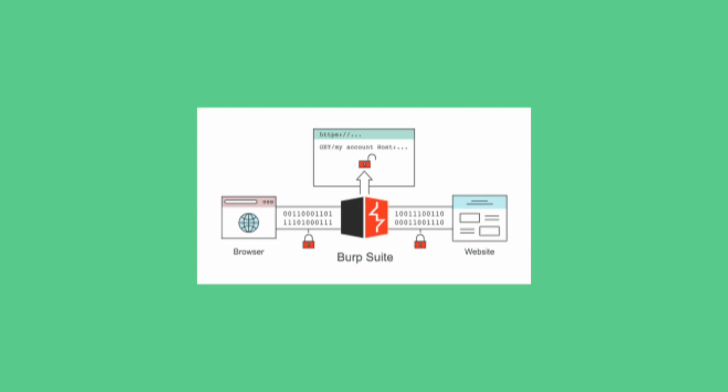The general idea is that you have a tool that's intercepting the requests coming from your web browser on your machine. They're intercepting the requests made to a remote web server.